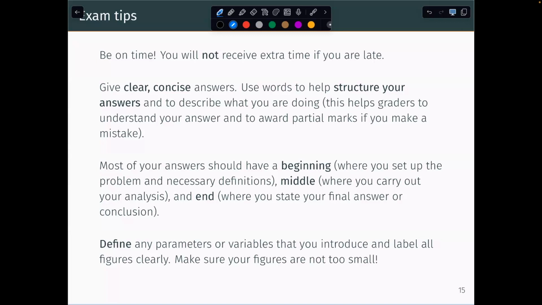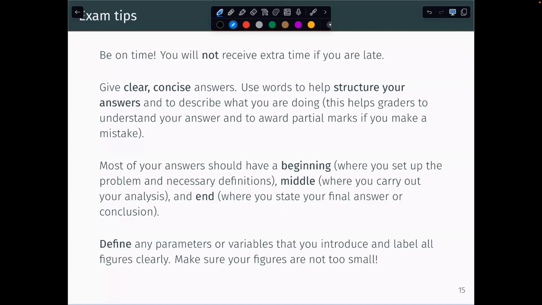Do try to make your answers as clear and concise as possible, and try to structure your answers. I always talk about this idea of answers having a beginning, a middle, and an end. So you set up your problem and give your necessary definitions at the beginning, carry out your analysis in the middle, and then you state some conclusion at the end. This process generally makes it easier to award partial marks.